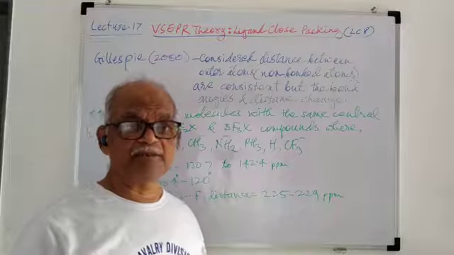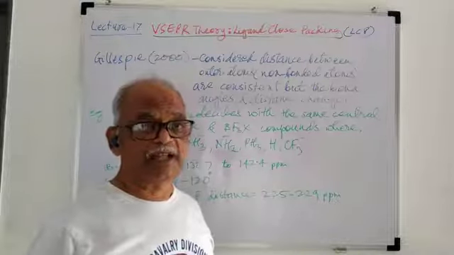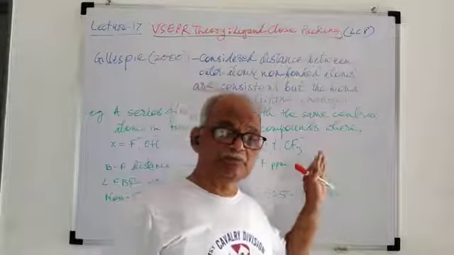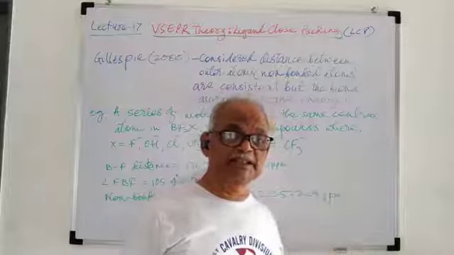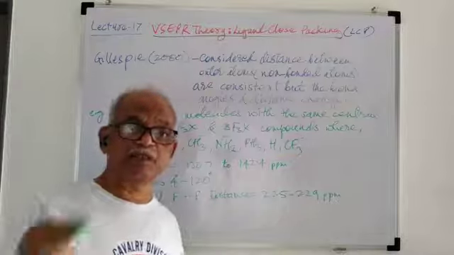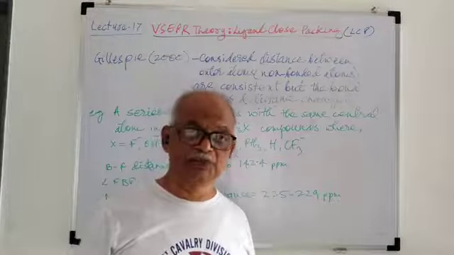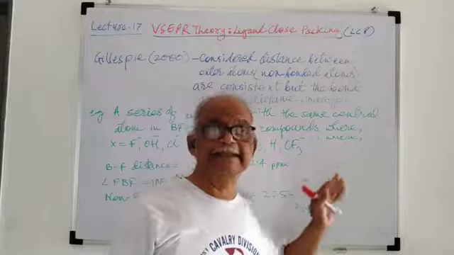This distance between non-bonded atoms is consistent, and the bond distance, that is the distance between the central atom and outer atom, as well as the bond angle, is changing within a certain range. So this is his approach.